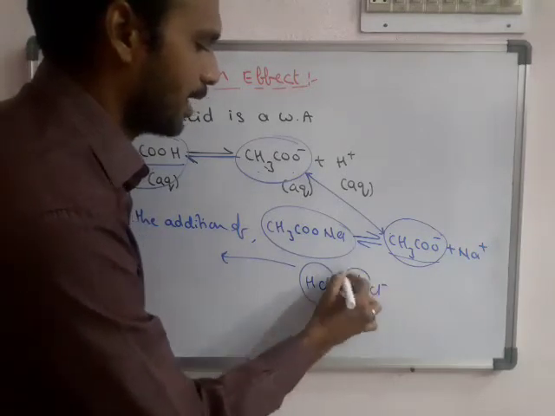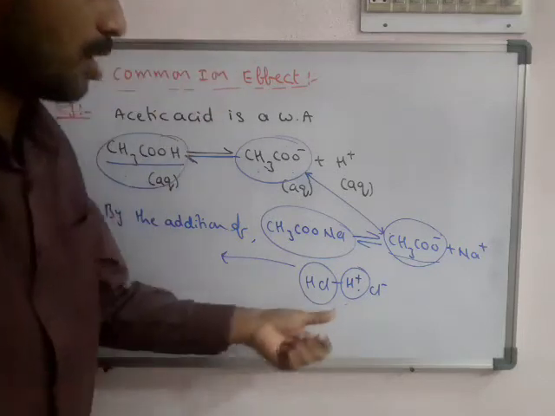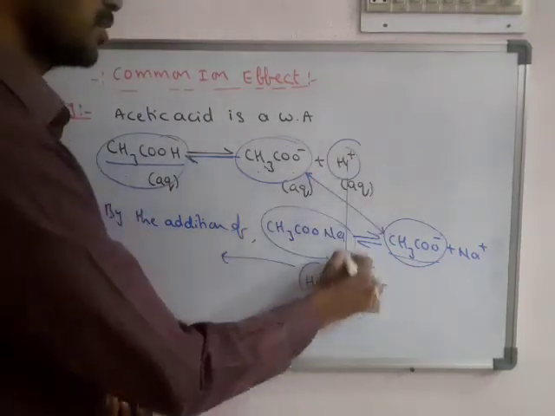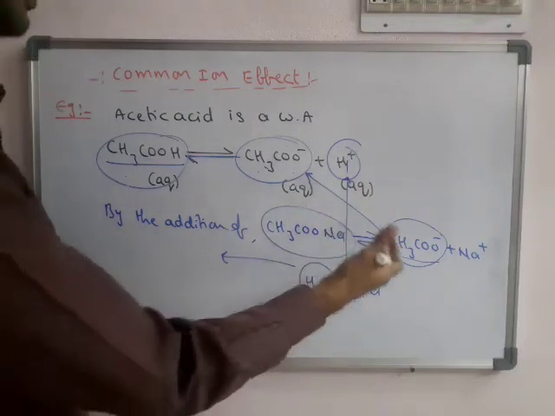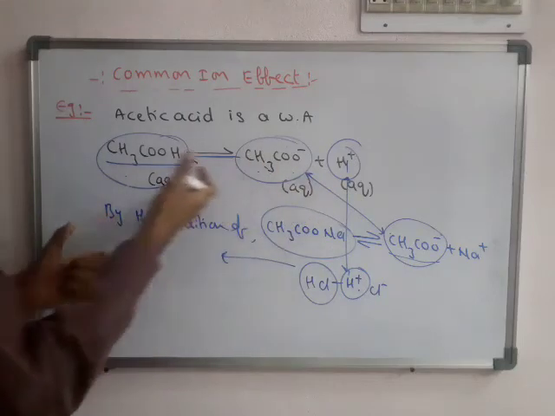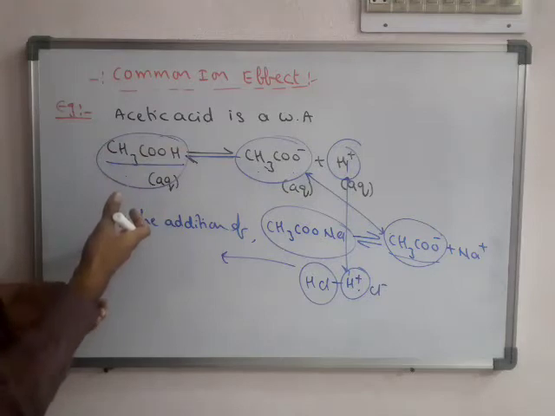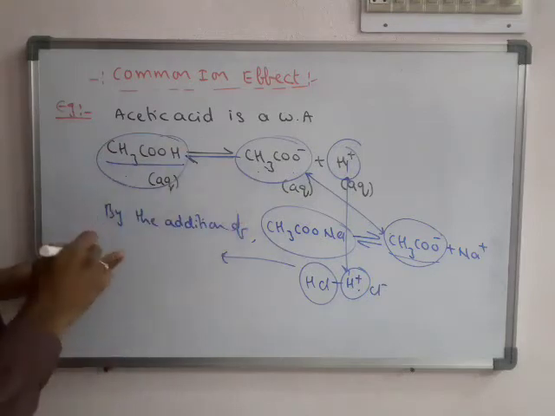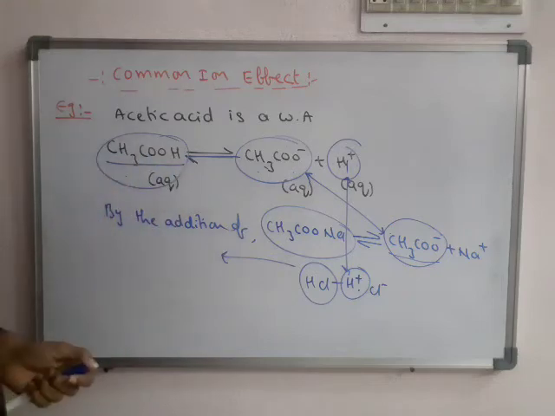So the H plus concentration on the right side increases, and the equilibrium shifts towards the back side. Equilibrium shifting backward means there is a formation of some acetic acid, which means the degree of dissociation is decreased.